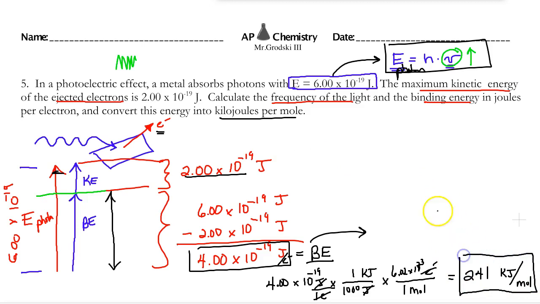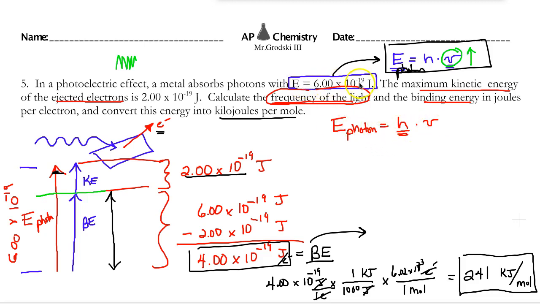Now they did also say, please find the frequency of the light. Like we just saw, the energy per photon, per particle of light, is equal to Planck's constant times frequency. Planck's constant is given to you in your reference table, and this formula is given to you in your reference table.